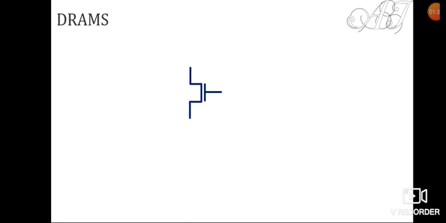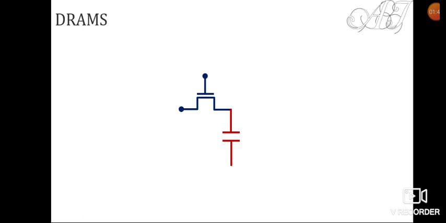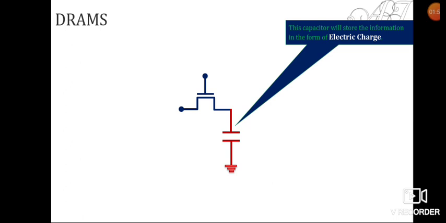So now let's make some changes. I'm just going to rotate this, and now I have to add a capacitor to it. The other end of this capacitor is to be connected to ground. So now in DRAMs we will be storing the information in this capacitor, in the form of electric charges. This is something very important, and the rest of the things, like word line and bit line, will be there.